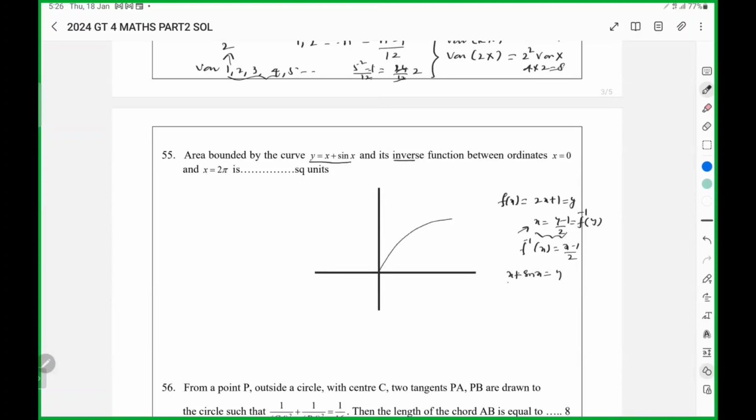Suppose x plus sin x graph happens to be like this. Always inverse will be symmetric about y equal to x.